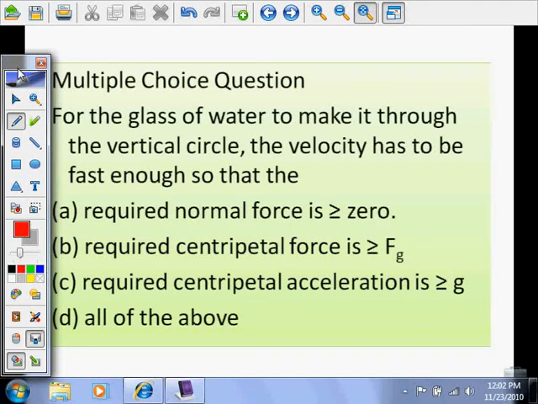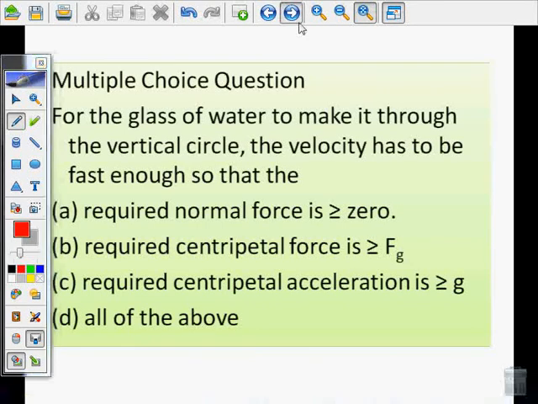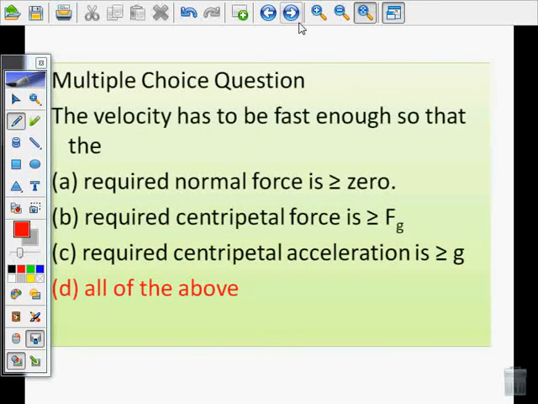C, the required centripetal acceleration is greater than or equal to g. D, all of the above. Survey says, Cindy? D, all of the above. You know, there's 3 different ways of thinking about it. Sure.